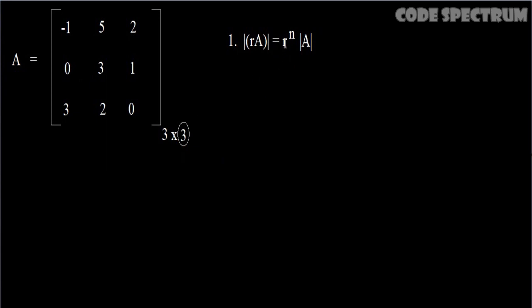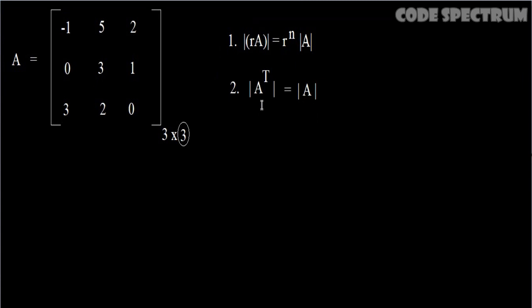If R is multiplied to A and the determinant is taken, it means that for every row or column R has been multiplied. So for each row or column we take R as common, and the cube of R has been taken outside of A. That is why we have R to the power of n in the generalized case.